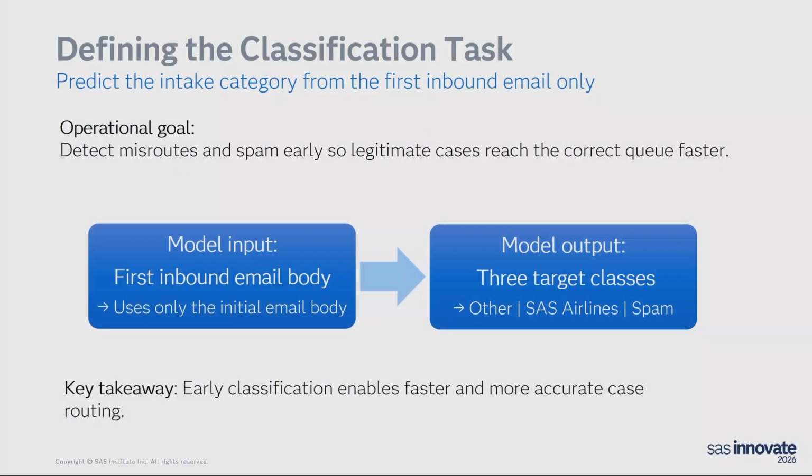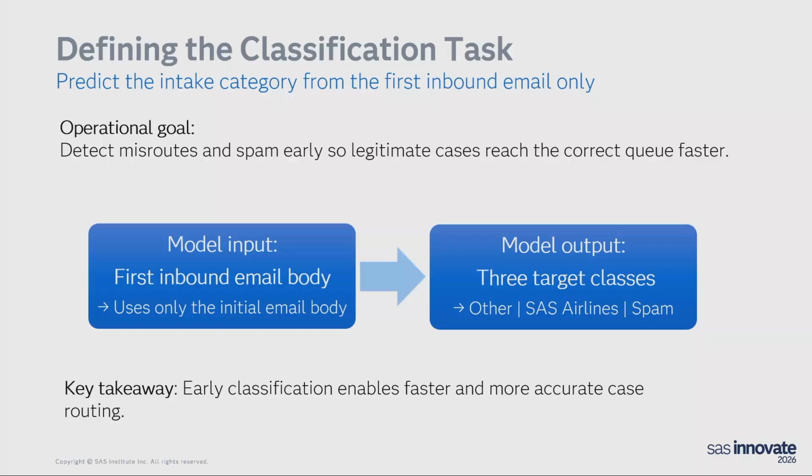For this work, we defined a classification task very deliberately. The model predicts the intake categories from the first inbound email body only. So this means no attachments or header information or conversation history is used as input.